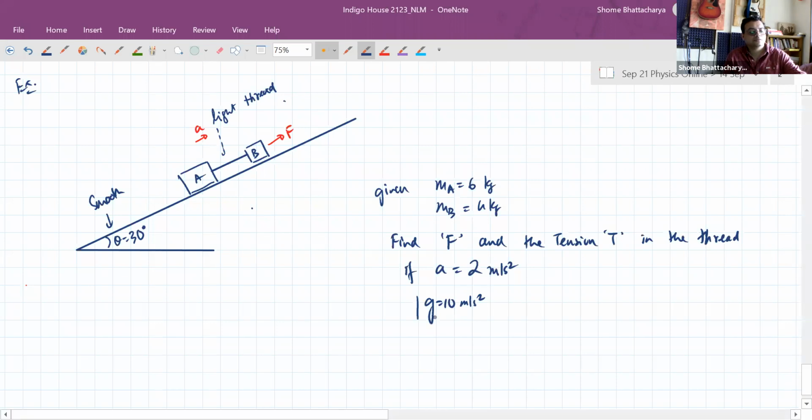Try this out. So also make free body diagrams of A and B to calculate the normal reaction on each.